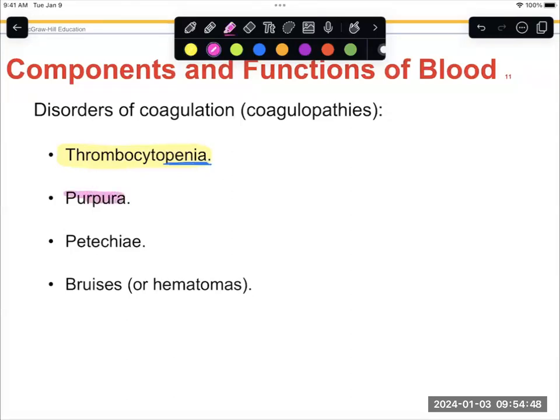Purpura. This is bleeding into the skin from small arterioles that produce a larger individual lesion than petechiae from capillary bleeds. Petechiae are a bunch of little red spots on the skin.